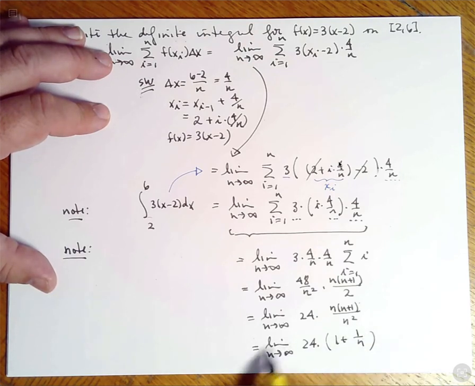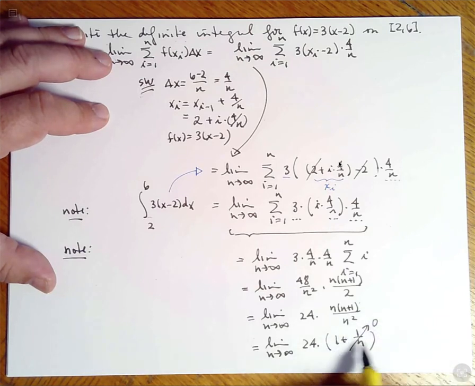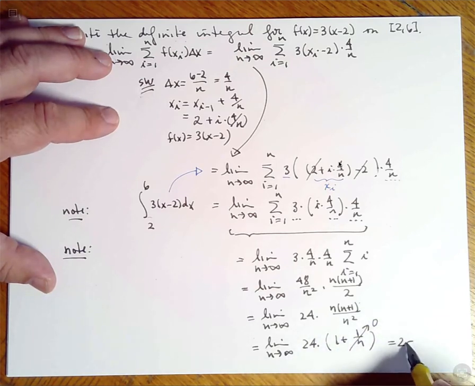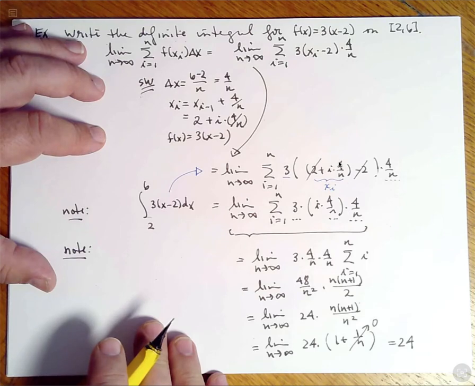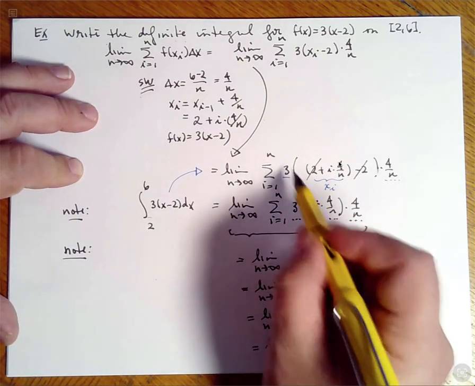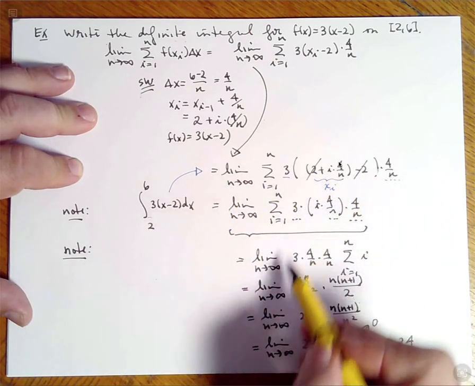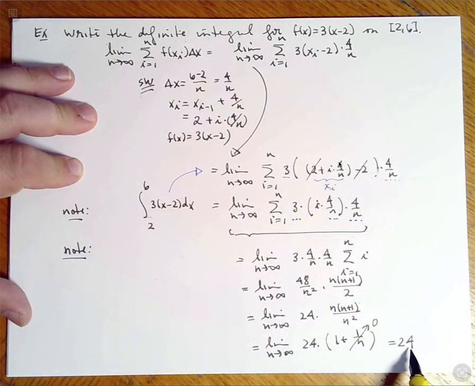And as n goes to infinity, this 1 over n goes to 0. And so this whole expression goes to 24. So this shows that in this case, we could take this definite integral and evaluate it by hand, and we'll get the number 24.